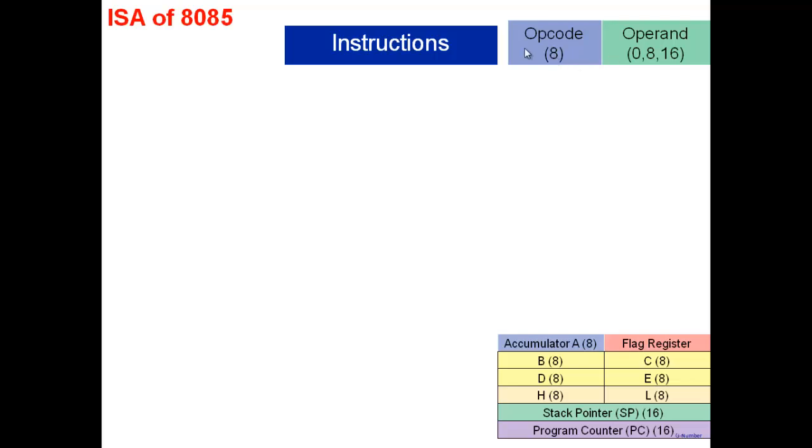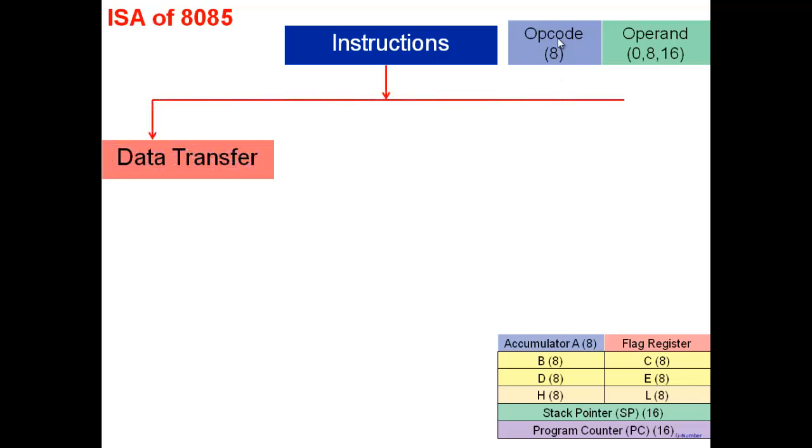So this is in general. All opcodes are 8 bits, and these decide the instructions. Which instruction am I doing here? The instructions can be broadly classified into the following categories. Data transfer. We'll see these in a minute. For example, there can be an instruction which is MVI B.